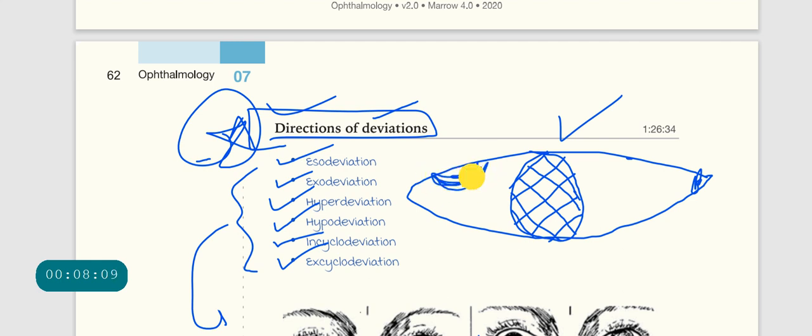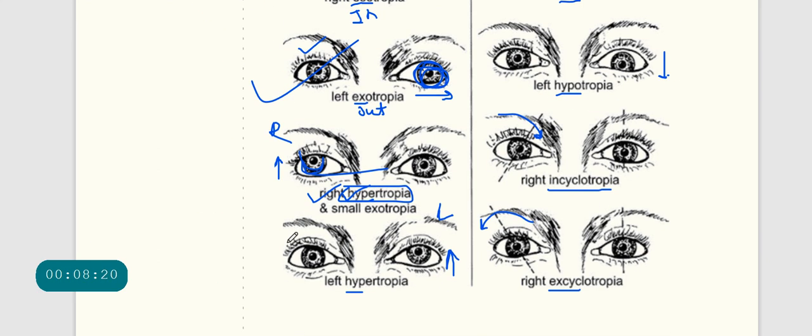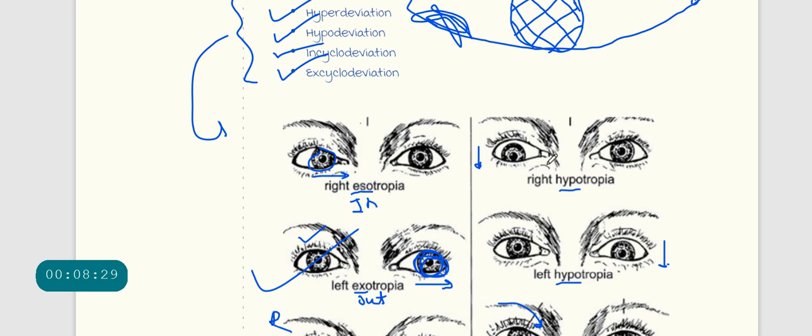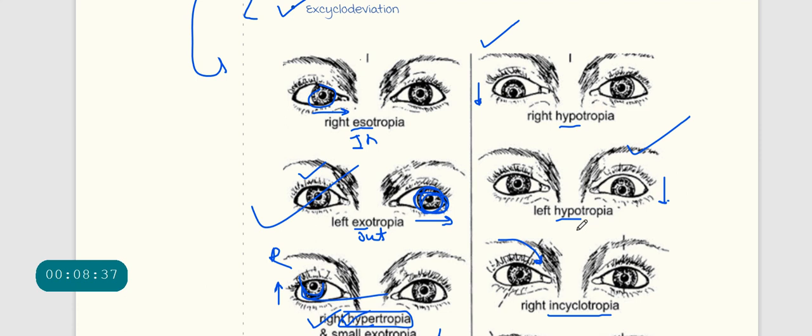In the image above, this is hypertropia, left and right respectively, and in hypotropia the eye is going downwards, in the right one and in the left one. Hypotropia is downward displacement of the eye, and hypertropia is upward displacement of the eye.